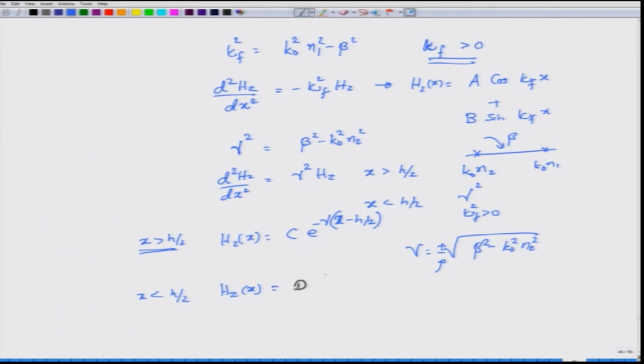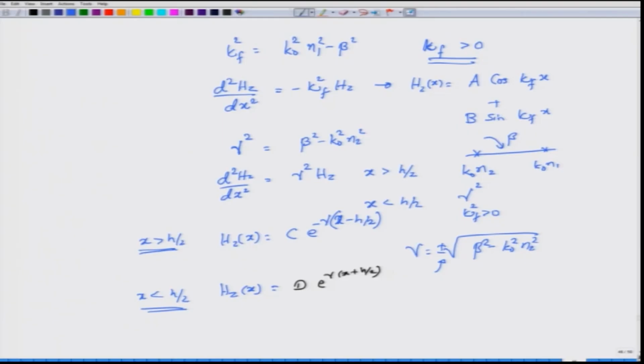So, I will have D e to the power plus gamma times x plus h by 2. Again, x is negative. So, please remember that x is negative and x is greater than minus h by 2. Because of that, the term in this bracket in the exponential function will be negative, and it would of course be corresponding to a decaying field.